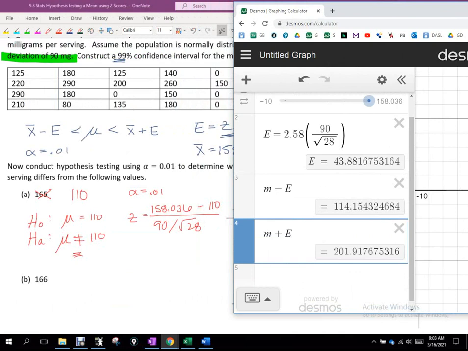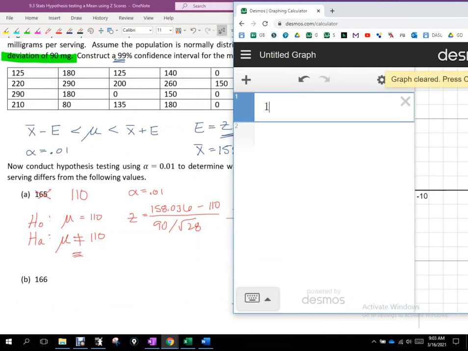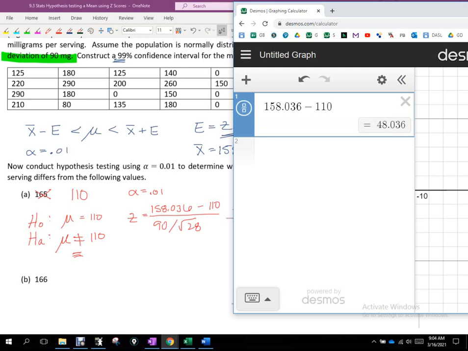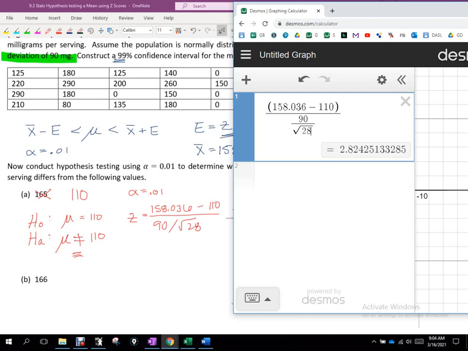Type that information in. Let's clear this out. 158.036 minus 110 divided by 90 over the square root of 28. That gives me 2.82.